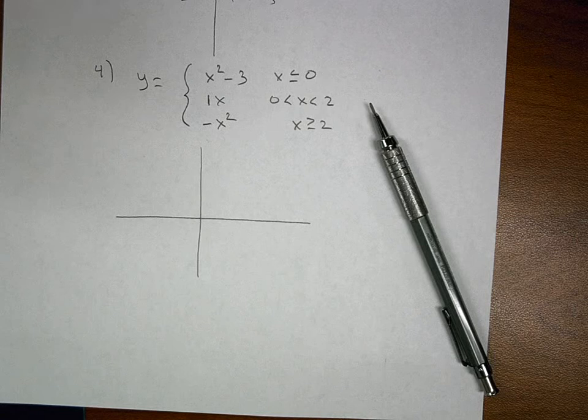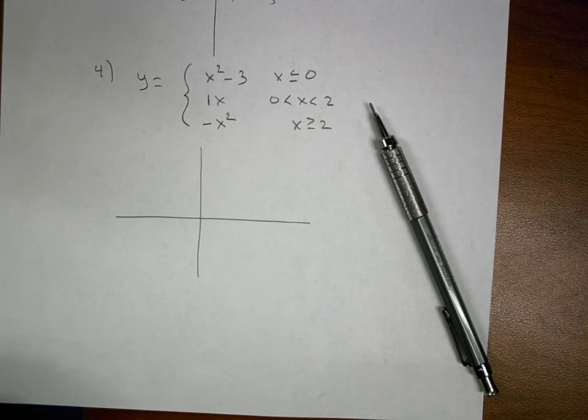Okay, so let's see. 2, 4, 0, 0, 2, 2. So this one, 0, -3, we should see part of this one around it. Okay, so that's that. That looks correct there. And then this one's okay.